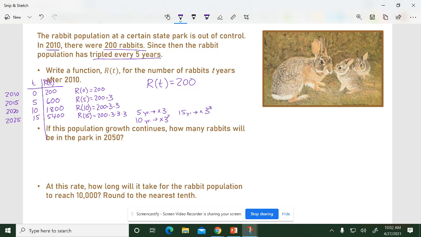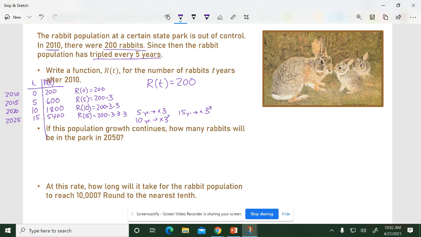So if you look at the exponents we're getting on the 3, the exponents are whatever number of years we have divided by 5. So after 5 years, we're multiplying by 3 to the 1. 5 divided by 5 is 1. After 10 years, we're multiplying by 3 to the second. 10 divided by 5 is 2. After 15 years, we multiply by 3 to the third. 15 divided by 5 is 3.